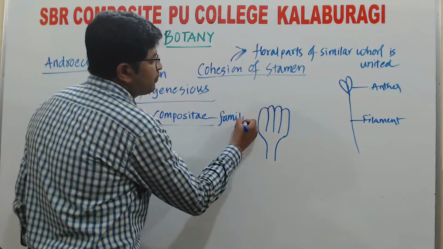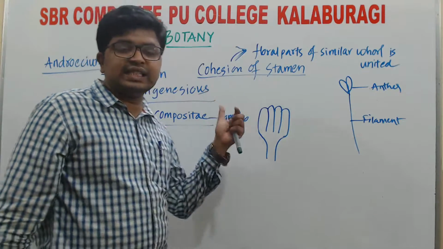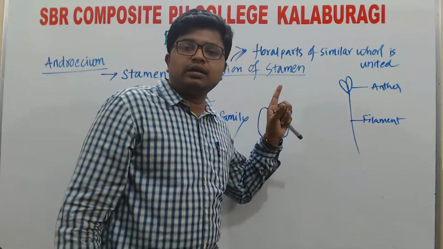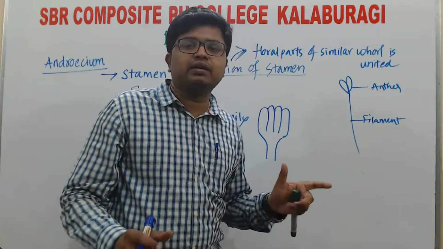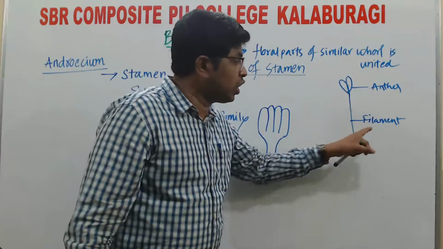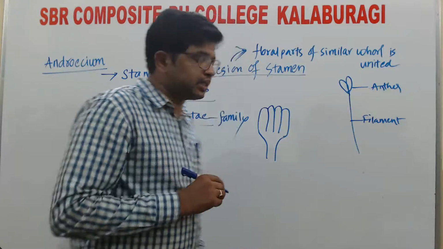The members of the Compositae family have the syngenesious condition. Meaning the stamens are fused, but especially the anthers show the fusion, not the filament.